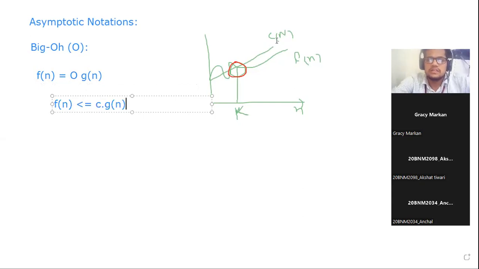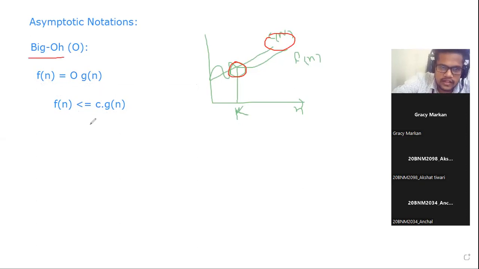So C is basically a constant term. In this big O notation, when Cn increases, we need to find that point, the maximum value it is going to choose, or we can say the greater upper bound condition.